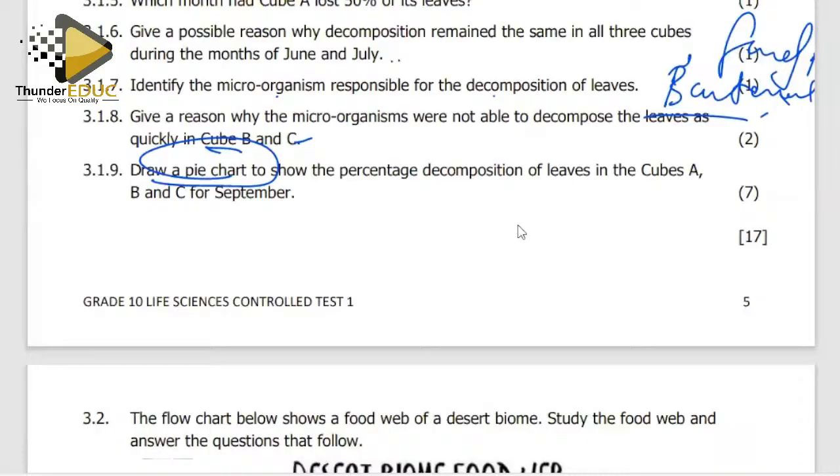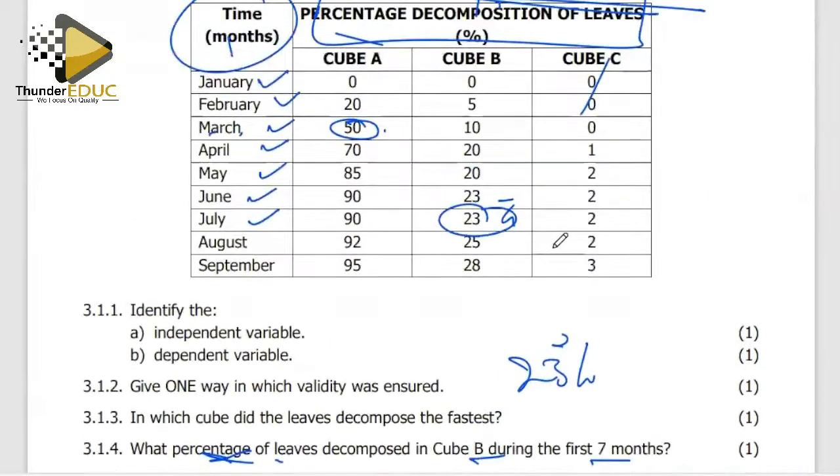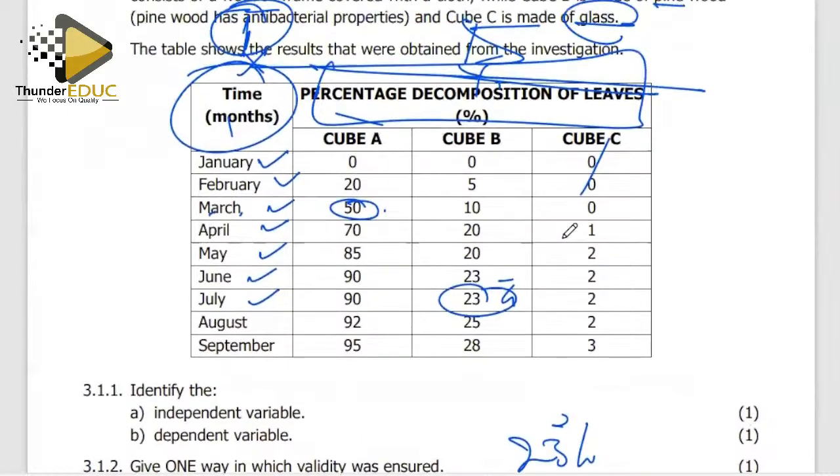In a pie chart, when they ask you for a pie chart, you're supposed to do the calculations. But which cube? Cube A. So it means that I have to first convert these things.